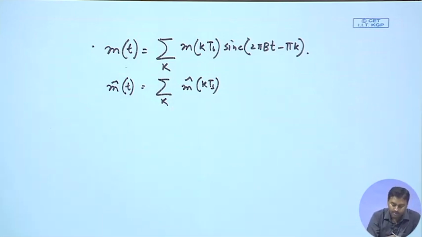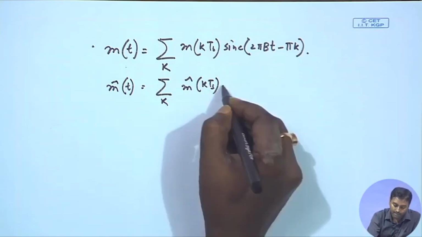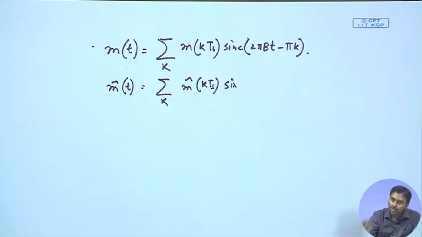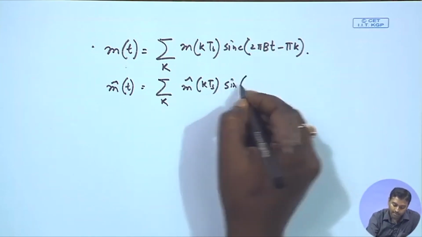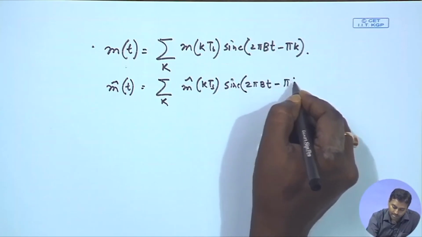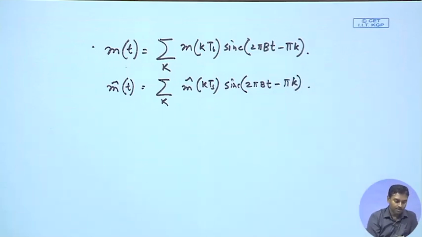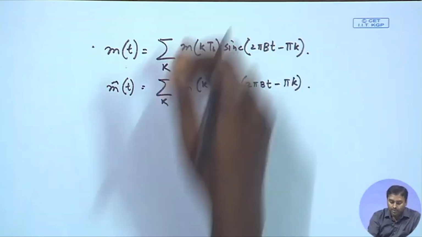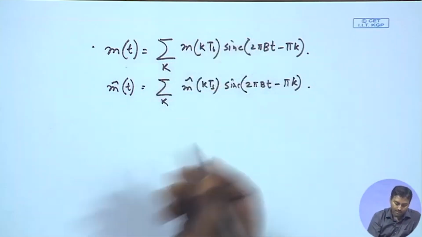Okay. So, let us call that m hat (kTs), and again, because these are creating a sample at the other end, I will be representing it with a sinc function so that I get my message back. Okay. So, due to this process there is an error. What is that error?